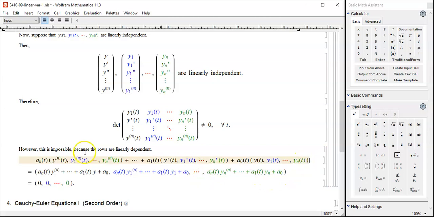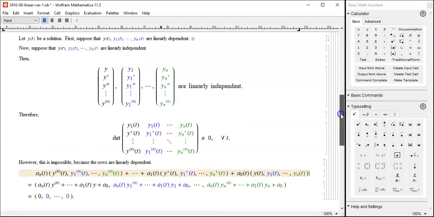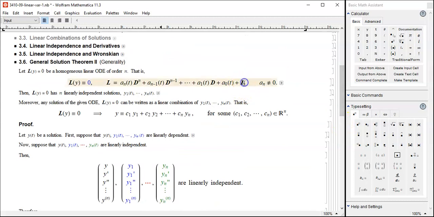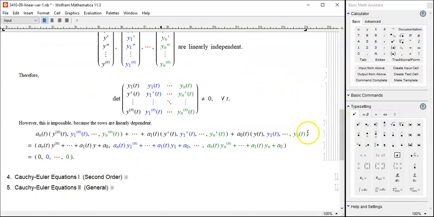Rows are linearly dependent. If I select these coefficients as a0, a1, a2, and so on, which originally came from the original linear ODE, like this, then take each component. Each component is the left-hand side of the original linear ODE. And all these y, y1, y2 are solutions. So you have to have zeros. So what do you have?